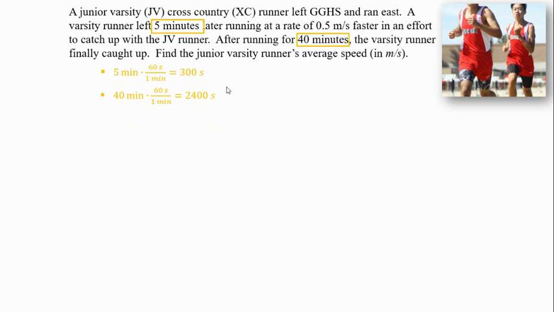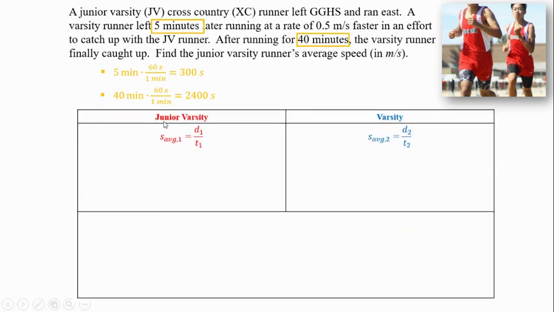All right, let's knock this problem out. Here I have the junior varsity runner on the left side and the varsity runner on the right side. I'll call the junior varsity runner object 1 and the varsity runner object 2. Let's plug in what we know and leave the unknowns untouched.